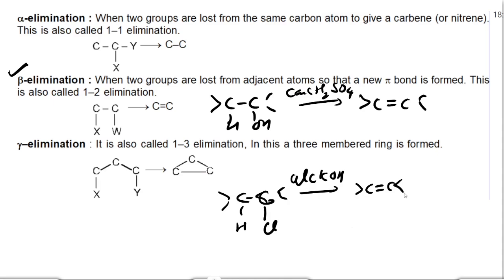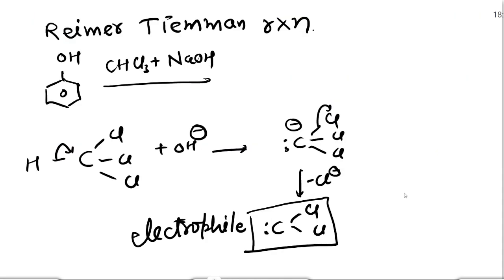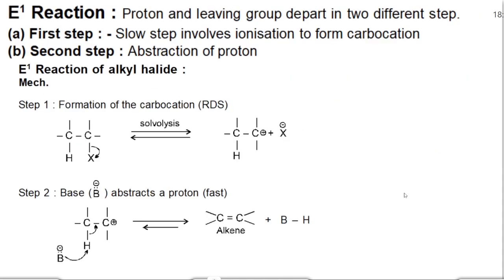The third type of reaction is gamma elimination. It is called 1-3 elimination, and it leads to the formation of a three-membered ring. So, sir, examples of this one?